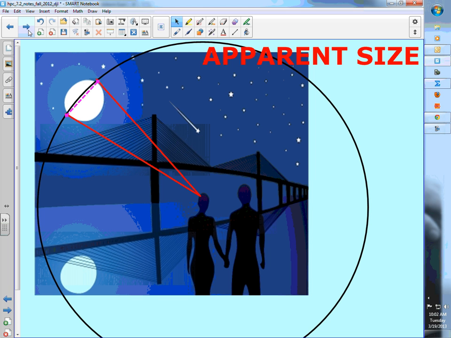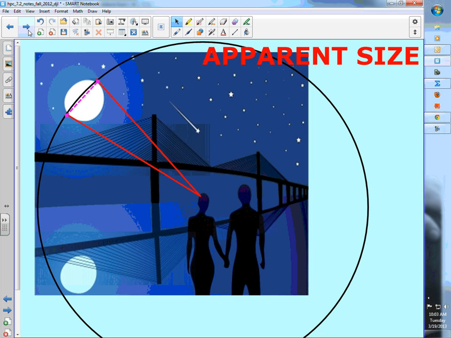When you're the person looking, we're going to make your eyes the center of the circle. When you're sitting here looking up at the moon, if you drew a segment to this side of the moon and a segment to this side of the moon, the dotted line between the edges would be the diameter of the moon. That's what we're trying to figure out.